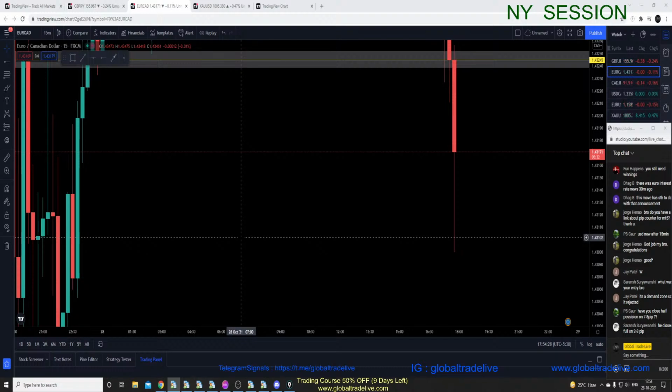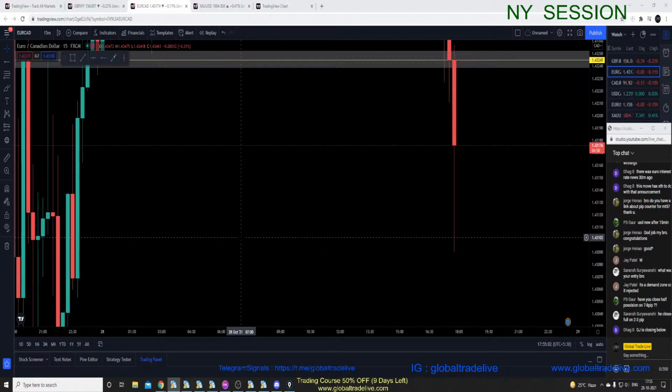I tried to close the position at 10 pips, but my Magic Keys batteries were very weak, so it didn't take the command, and I closed the full position at break even. Yeah, it's working now. See, this is the bad luck. Trade went in 10 pips, but anyways.